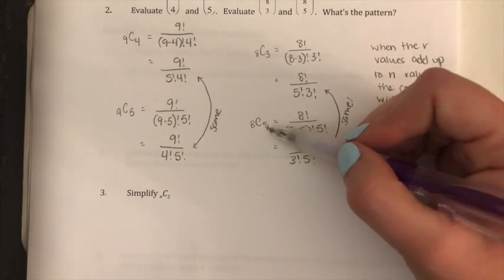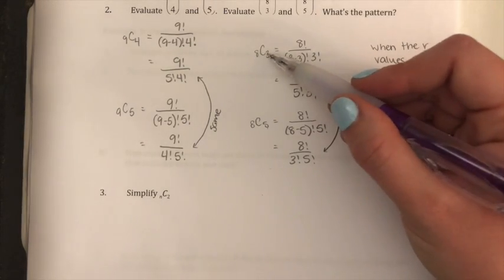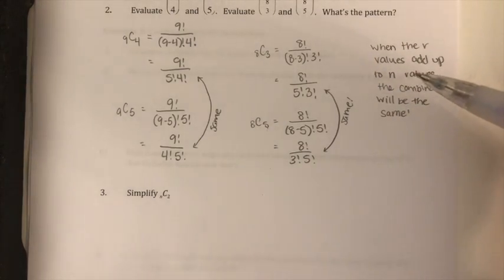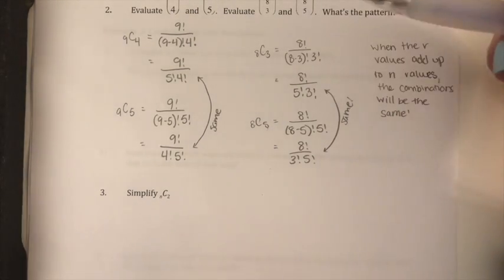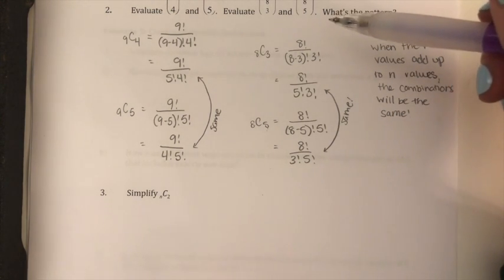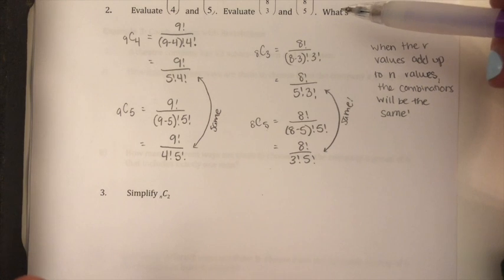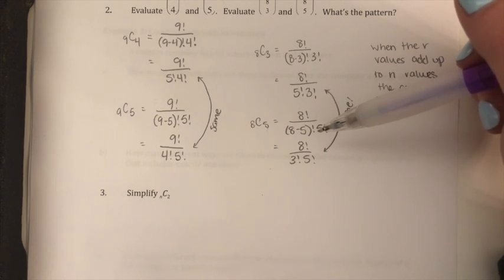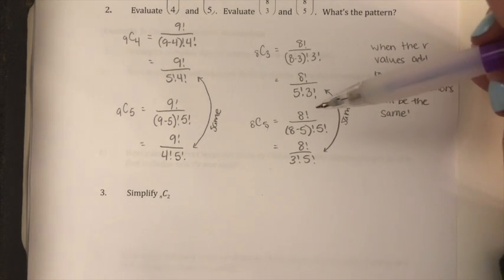Because 5 plus 3 is 8, 8 choose 3 or 8 choose 5 is going to be the same number. You can think about it as if I have a group of 8 students and I have 3 gift cards, me selecting 3 students to get the gift cards is basically the same thing as me selecting 5 students to not get the gift cards. The combinations would all be the same. Who would get the gift cards would be the same.